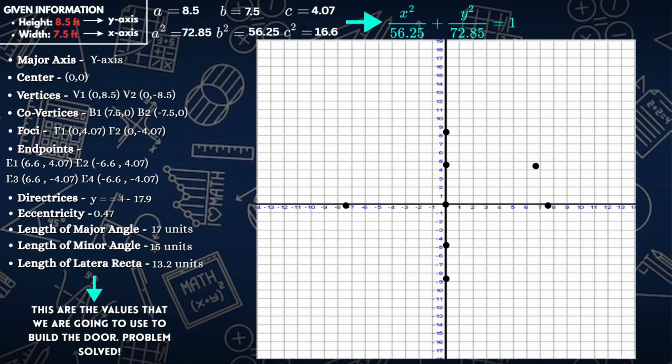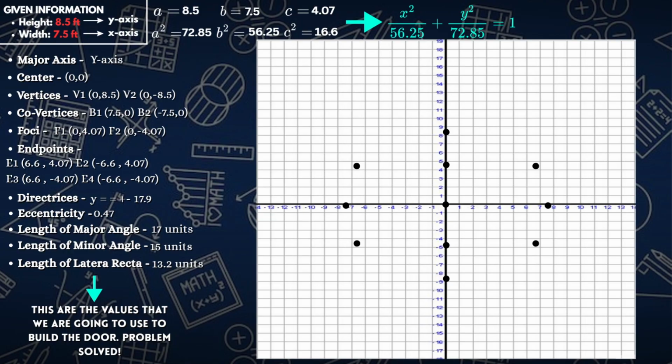The next one is (-6.6, 4.07), located in the second quadrant. For our endpoint 3, that is (6.6, -4.07), located in the fourth quadrant. And for the last one, E4, (-6.6, -4.07), that would be located in the third quadrant of our plane. So we're almost done.